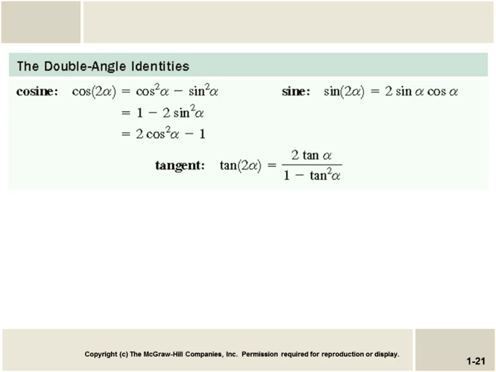if you know the sum and difference formula, so cosine of A plus B equals cosine A cosine B minus sine A sine B, right?